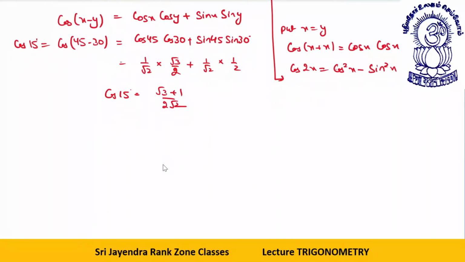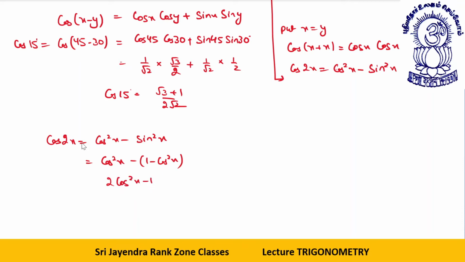Now let's proceed further with this. Okay, you have got cos 2x is equal to cos square x minus sin square x. Or this can further be written as cos square x minus (1 minus cos square x), that is 2 cos square x minus 1.